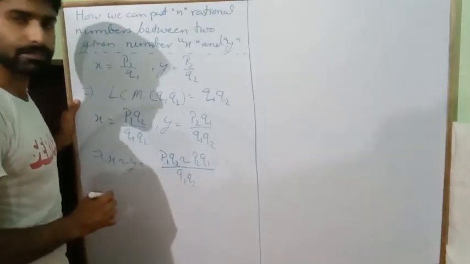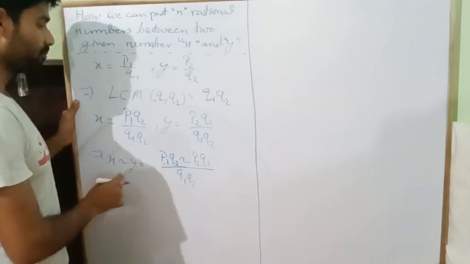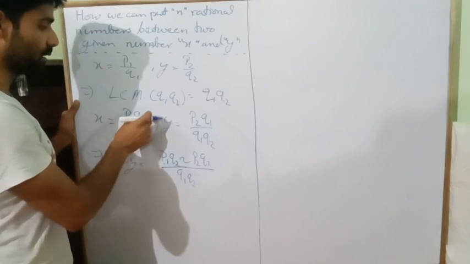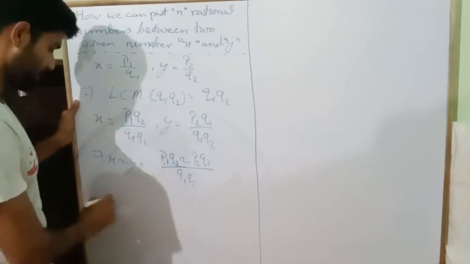Then, if we have to introduce n rational numbers between them, we have to multiply n plus 1 in both numerator and denominator of both rational numbers x and y.